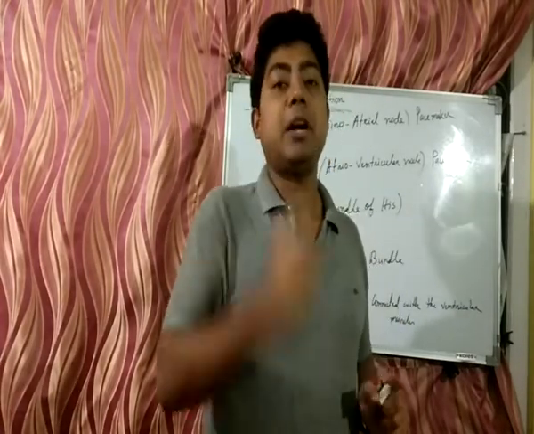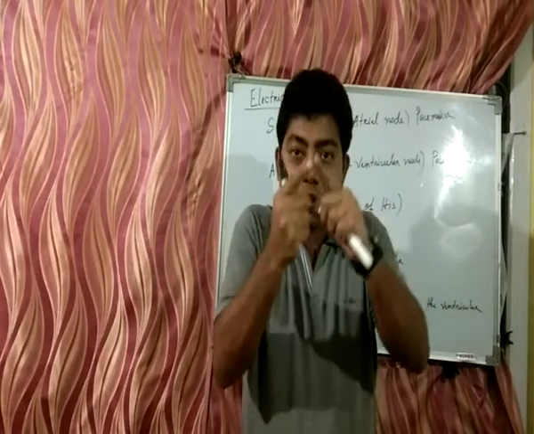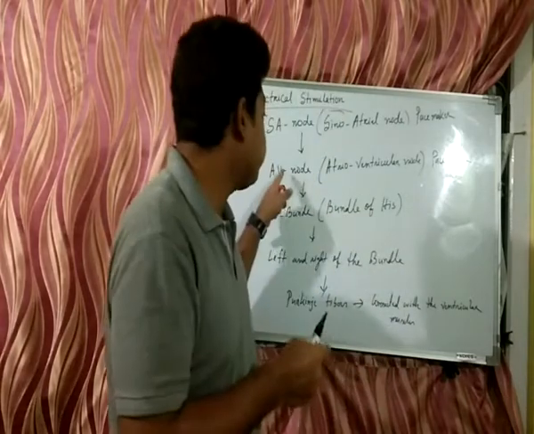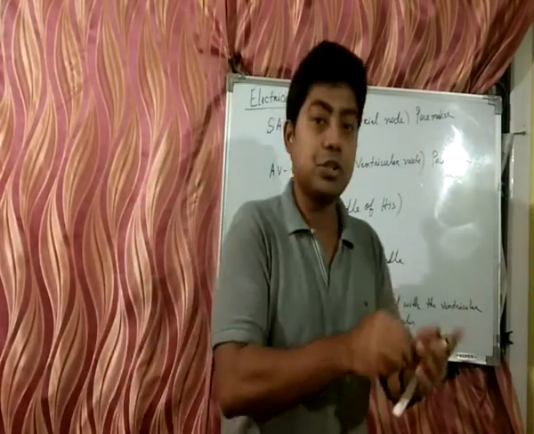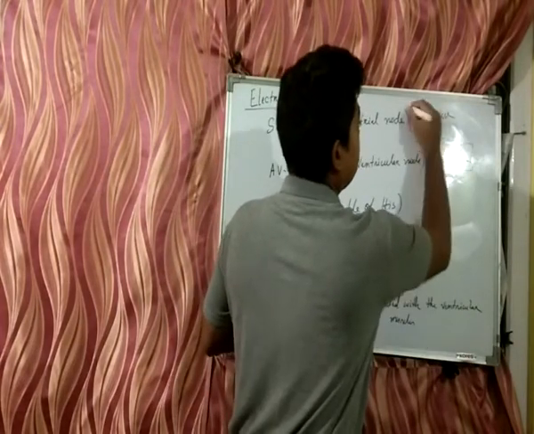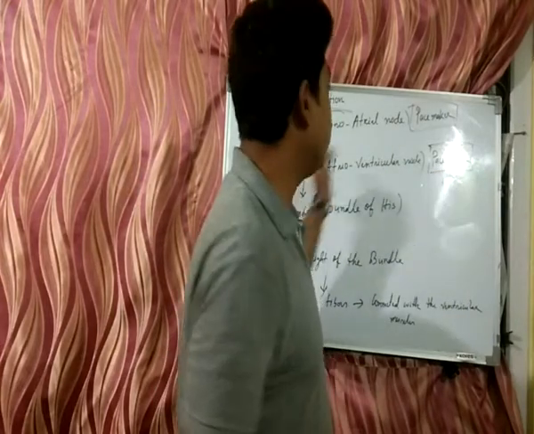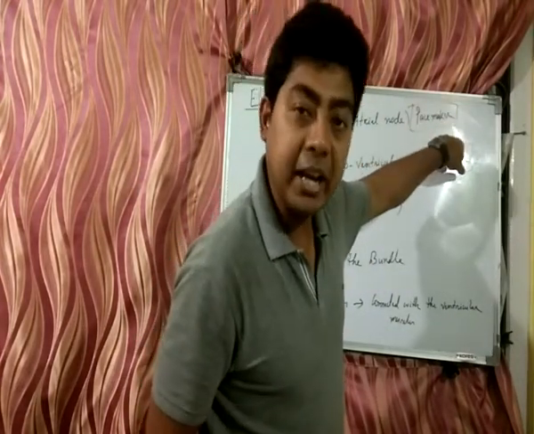From this, the stimulation is passed on through the AV node. It's very important: the AV node is called the pacesetter, and the SA node is called the pacemaker.